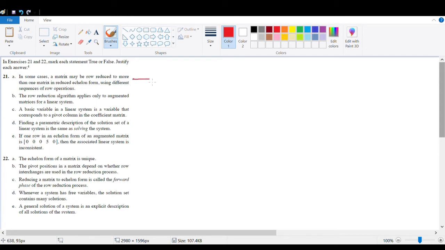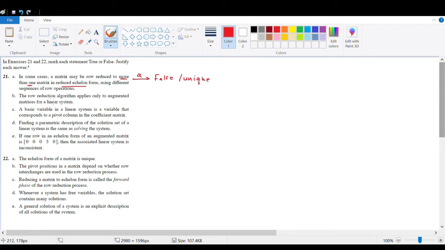This one should be false because according to the theorem, we have only one reduced echelon form. So this one is false because we have only one reduced echelon form. So there is no more than one. It should be a unique reduced echelon form.